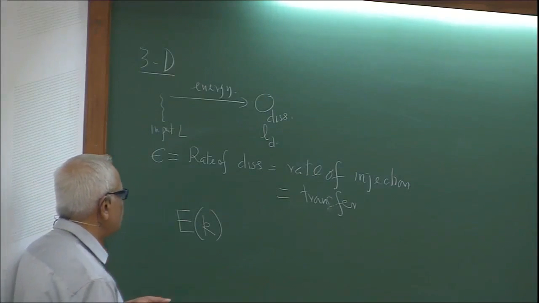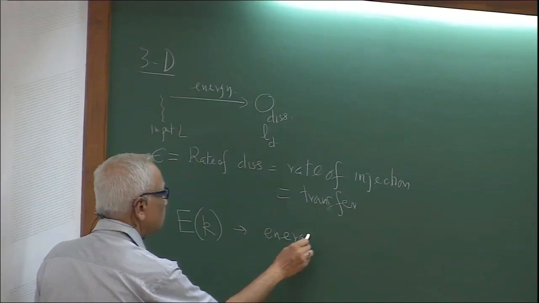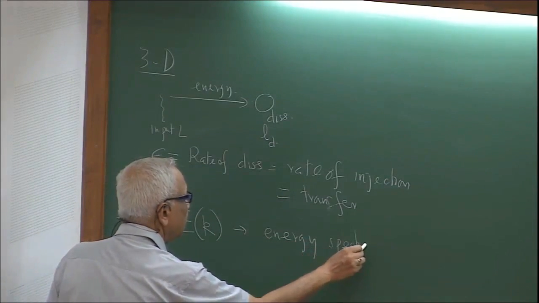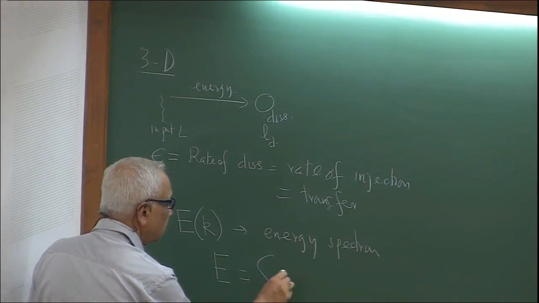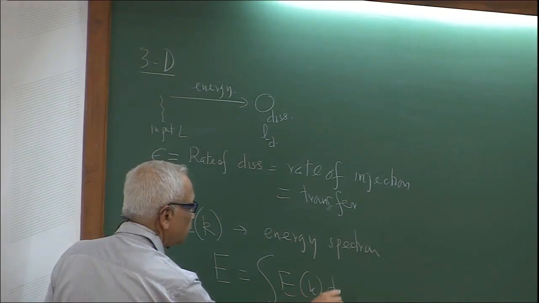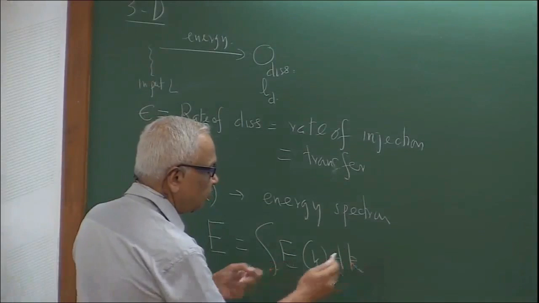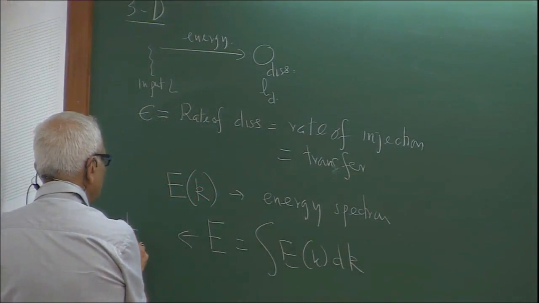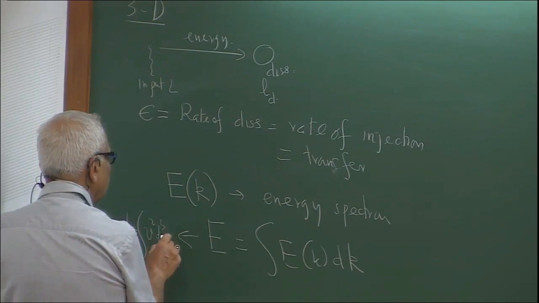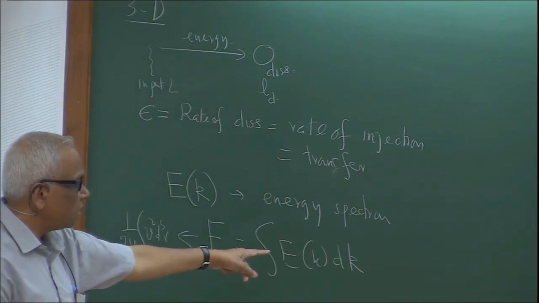what one talks about a lot is the so-called energy spectrum. The energy spectrum is defined as the total energy resolved into the spectral decomposition. So in the wave vector space, it is written as E(k) dk, this is your usual 1/2 v squared d^3r, the average energy written as this.